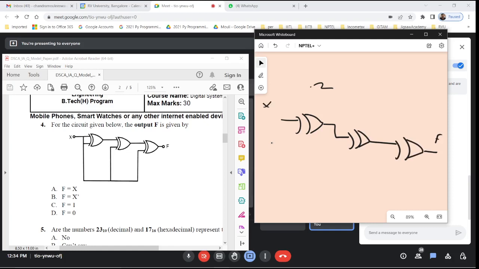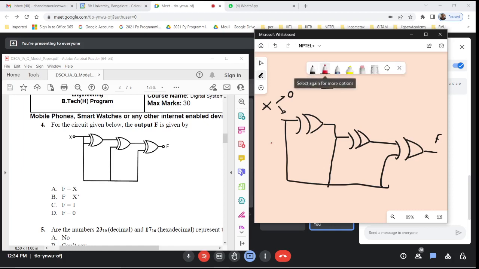So let me draw it. Now, what are the different values that X can have? X can be either 0 or 1, right? So maybe I will choose a different color for 1.